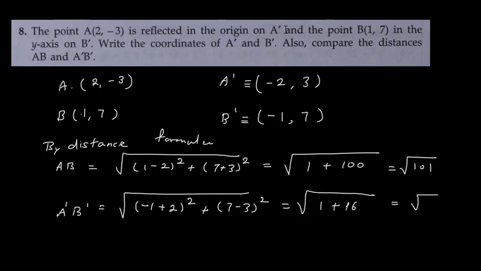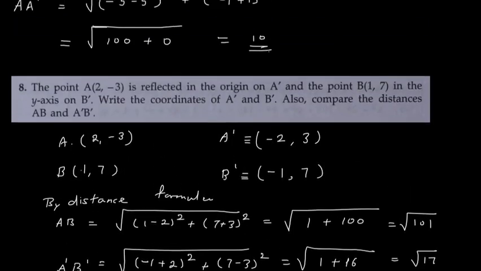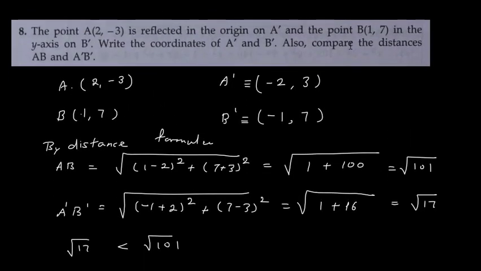So this is root 17. So here root 17 is less than root 101. Therefore I can say that A dash B dash is less than AB. Okay, this is your 8th problem.